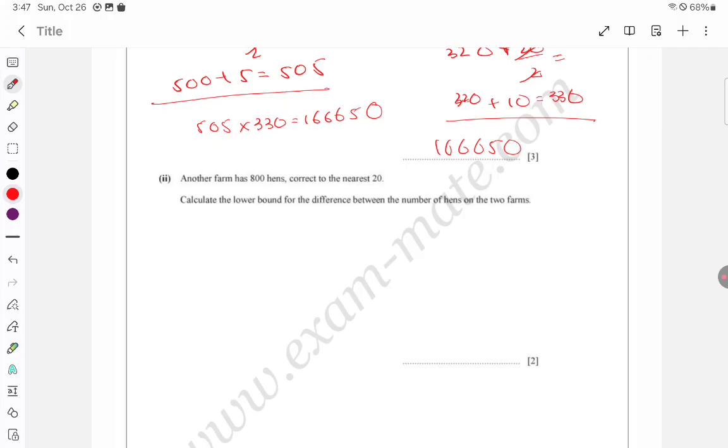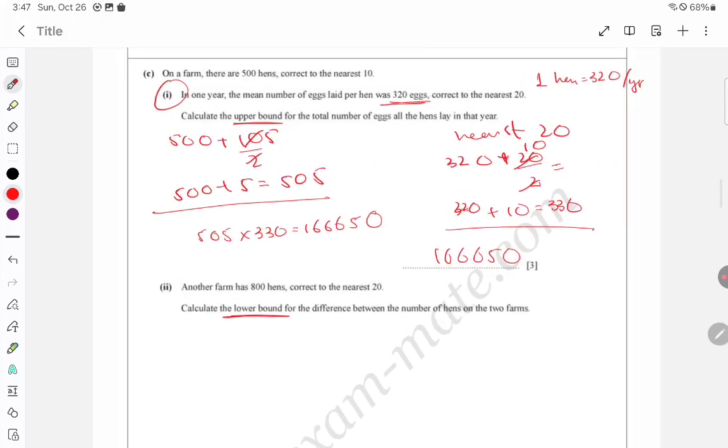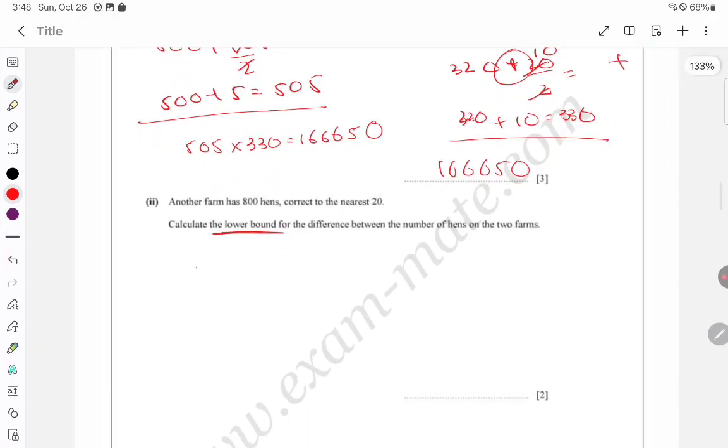Now we have to calculate the lower bound. What we did for the upper bound, we added with a positive sign. For the lower bound, we subtracted. I'm sorry. For the lower bound, 800 minus 20 divided by 2, so 800 minus 10 will become 790.